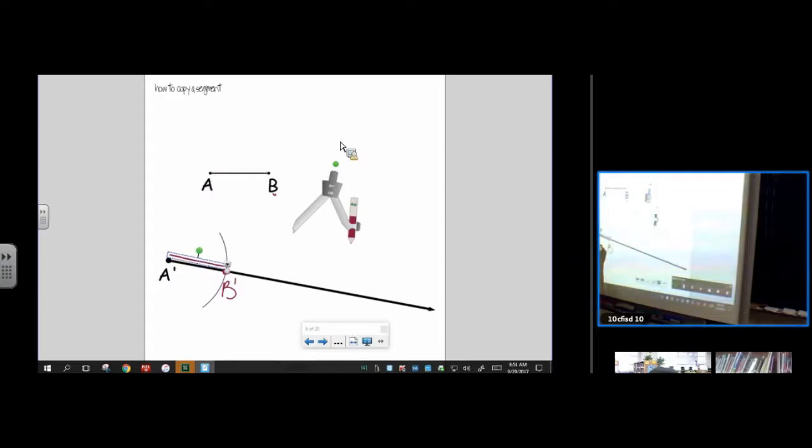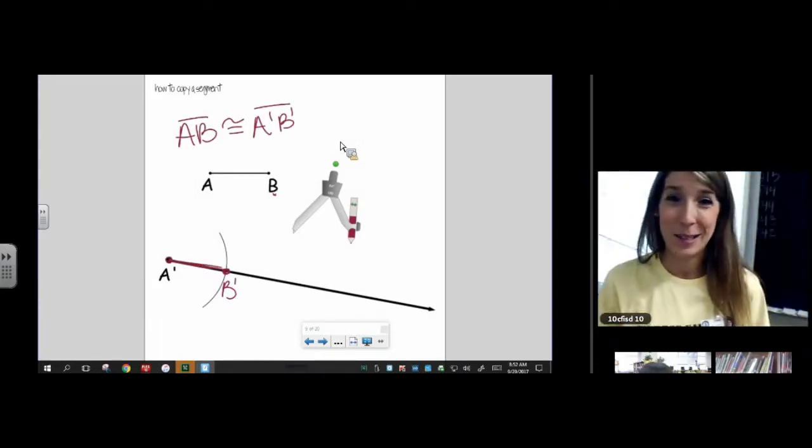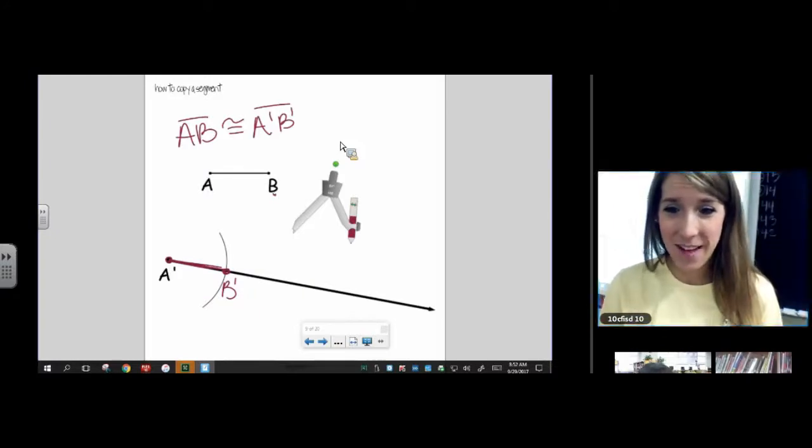I have copied that exact segment onto my ray using a compass. So I know that segment AB is congruent to segment A prime B prime. I forced them to be congruent. This is my new segment. This is my answer. So that's how you copy a segment, okay?